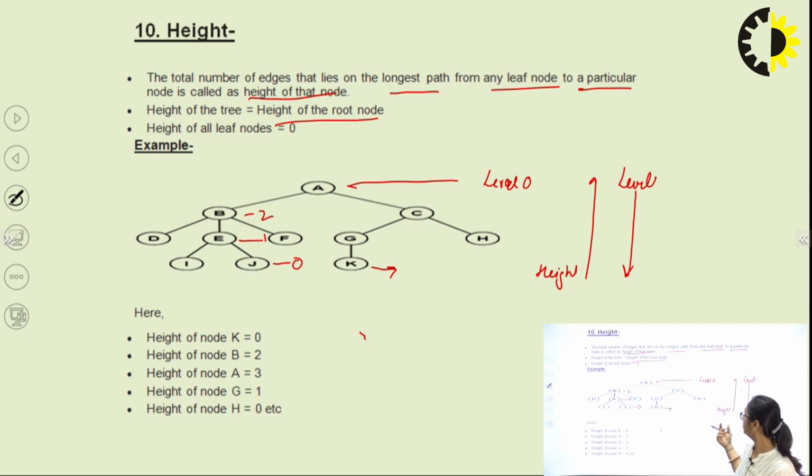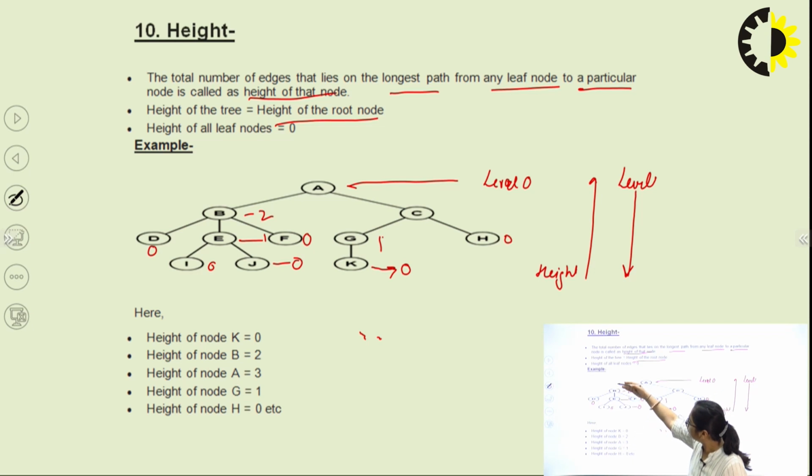So here the height starts from 0: K has height 0, J has height 0, and I also has height 0. When you consider any node, here H, the height is equal to 0. When we move one step up, the height is equal to 1 here, and this is 0, this is 1, this is 0.